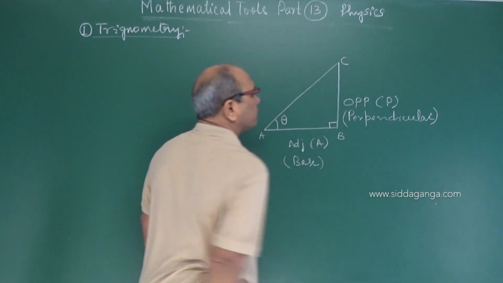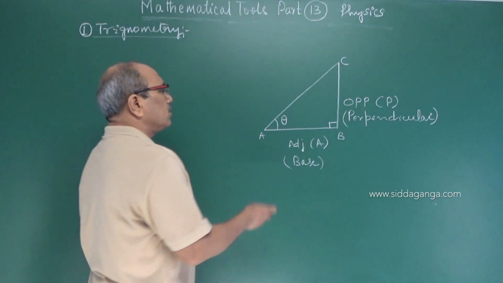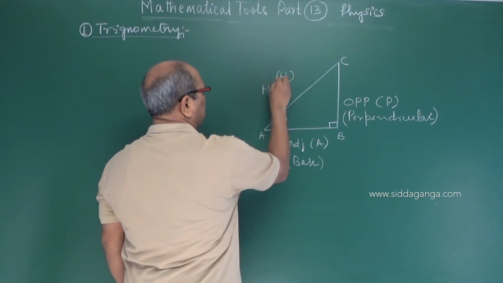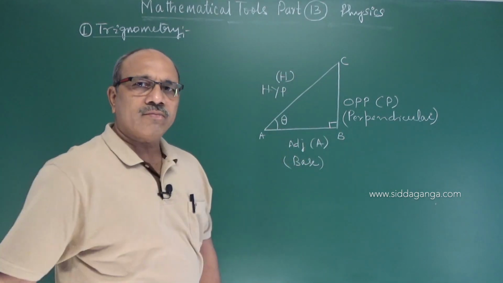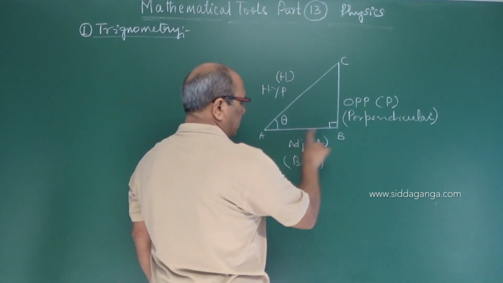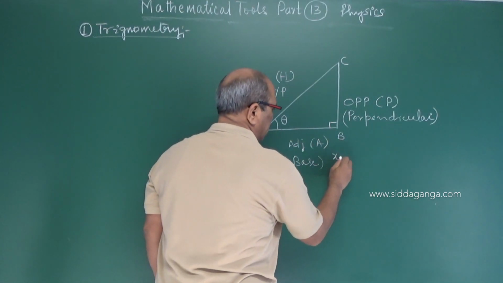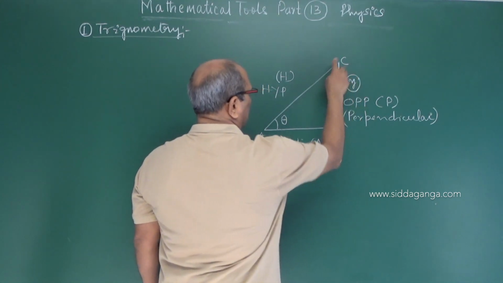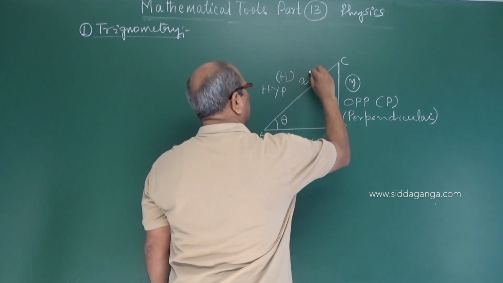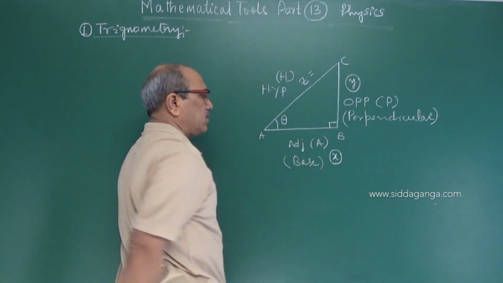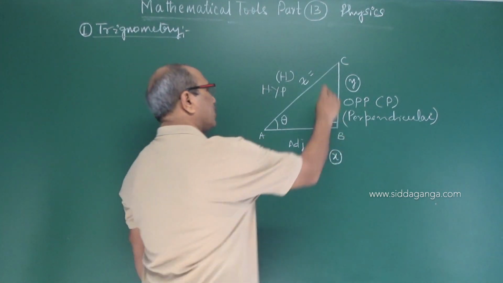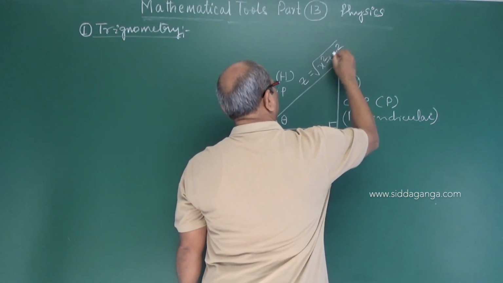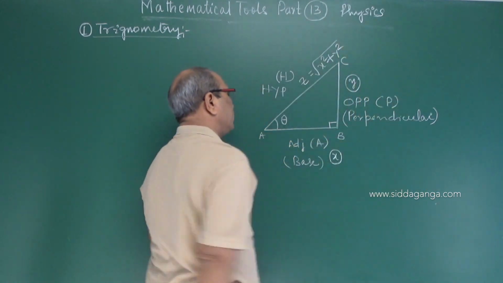But the longer side is called the hypotenuse, and I am representing it as H. Or in general, if I take the horizontal one as X, the vertical as Y, and this joining side as Z, as it is a right angle triangle, I can write this as the root of x square plus y square. Why I am writing this, I will come to later.